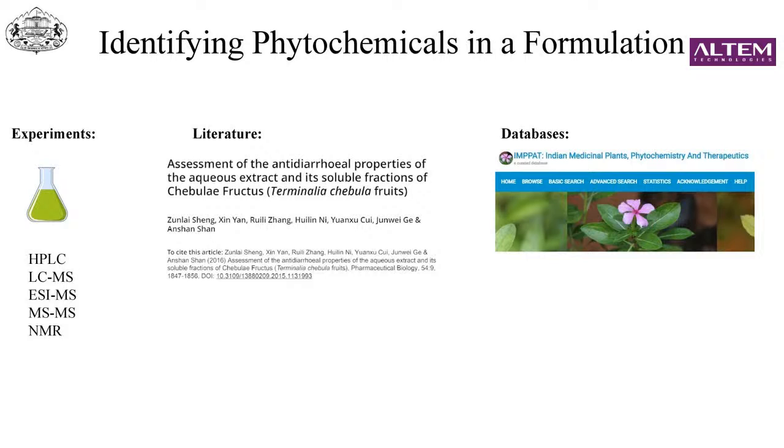Okay, so some people like to do experiments themselves to try and figure out what are the chemicals. Some other people say that all these individual constituents have anyway been studied and their metabolites, someone has already tried to extract it. So, can I directly take input from what people have previously published? For instance, I may want to rely on literature, like I'm showing you a screenshot of a paper which talks about assessment of antidiarrheal properties of aqueous extract and soluble fraction of Terminalia chebula fruits.